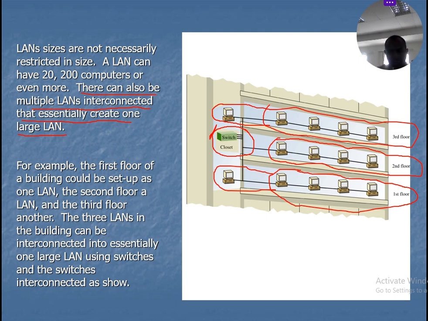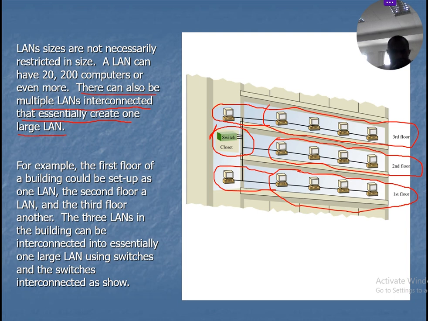But if you have a big campus that has more than one building, or even if it's one building with so many floors, then you have to interconnect each of the small LANs into bigger LANs. So here you have so many computers in this large local area network, up to 200 computers in that LAN. This is a big local area network if you have so many computers.